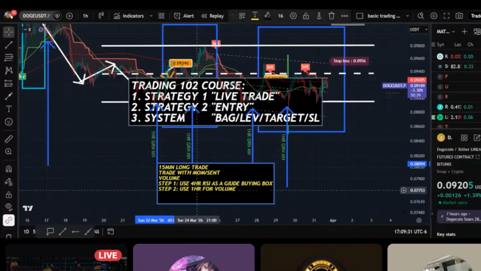Step 2 of strategy number 1 is where you confirm volume, right? We're going to use the 1-hour for the volume here, which is going to be the green moon. We're always going to use the moon indicator to confirm the movement of the trade. Okay, confirmation of the trade, right? So those are our steps right there.